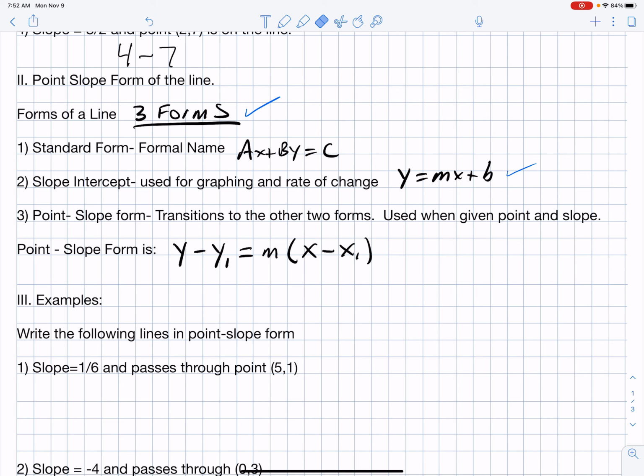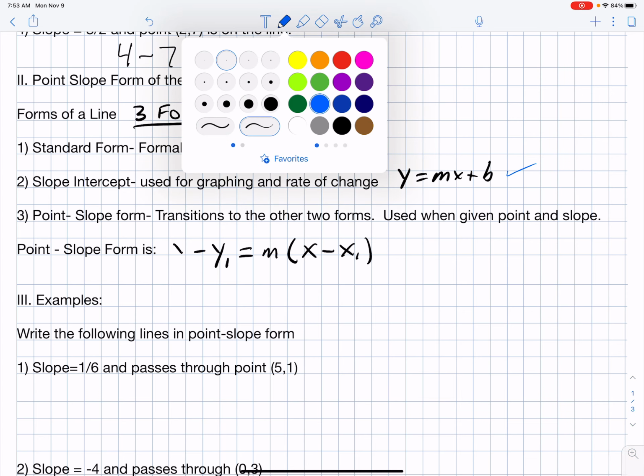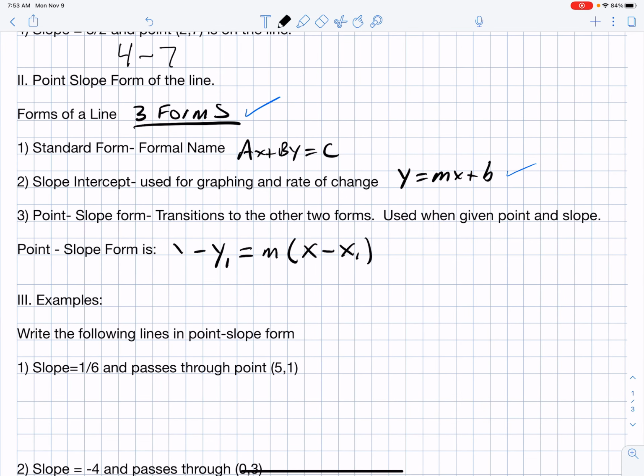Okay. Now the point slope form is y minus the y coordinate, which is y sub 1, equals the slope times x minus the x coordinate, x sub 1. So again, this y right here, oops, I don't know why I had it on erase. Sorry about that. Let's change colors.